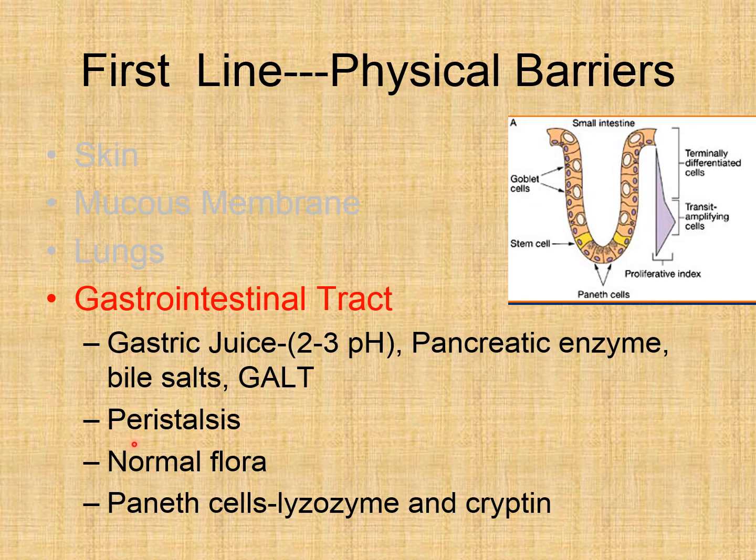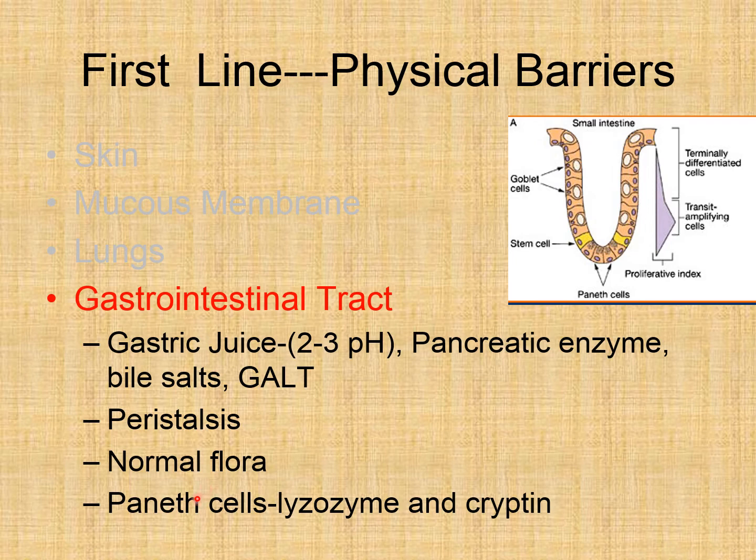Moreover, the unidirectional peristaltic movement of the intestine also helps in preventing entry of microbes from the dense distal gut content into the small intestine. There are specific types of flora present in the gastrointestinal tract called the normal flora, which also prevent pathogenic bacterial colonization at specific sites.